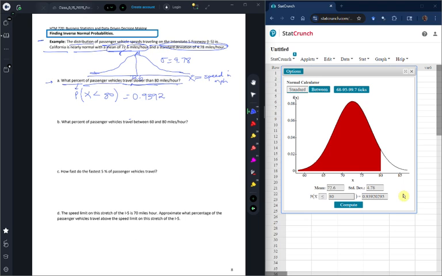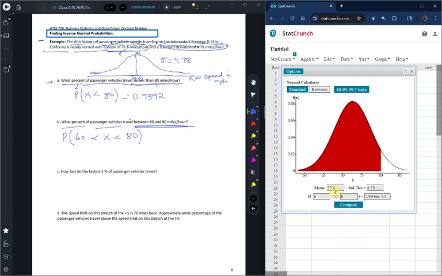The next one says, what percent of passenger vehicles travel between 60 and 80 miles per hour? That will be the probability that the speed x is between 60 on the lower end and 80 on the upper end. For between, I definitely need to switch to between.